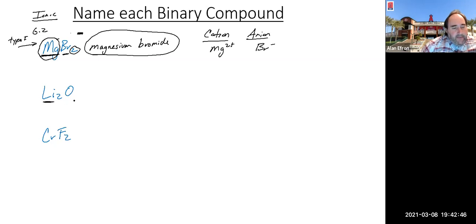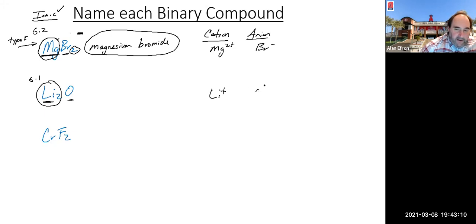Looking at the next one, we have Li, which is lithium, which is a metal. We have O, which is oxygen, which is a non-metal. So again, ringing up ionic for us. Looking at our Li, that is going to be lithium, which is group number 1, which means it has a fixed charge of +1.